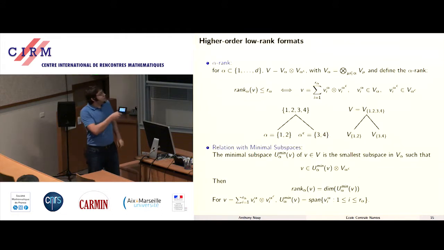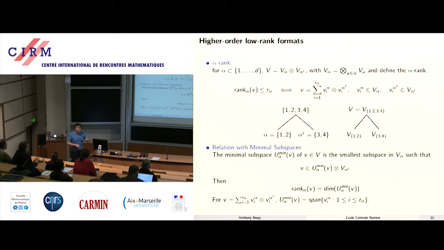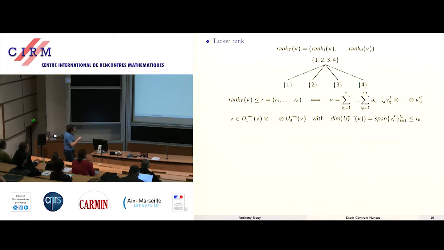So here I introduced a subset of dimensions, but you can say, I want to define a notion of rank for the dimensions 1, 2, but maybe for the dimension 3, etc. So you have a combinatorial problem here for the definition of the rank. A basic definition of rank, in fact, is called the multilinear rank or Tucker rank. It's a tuple which associates a rank with each dimension.